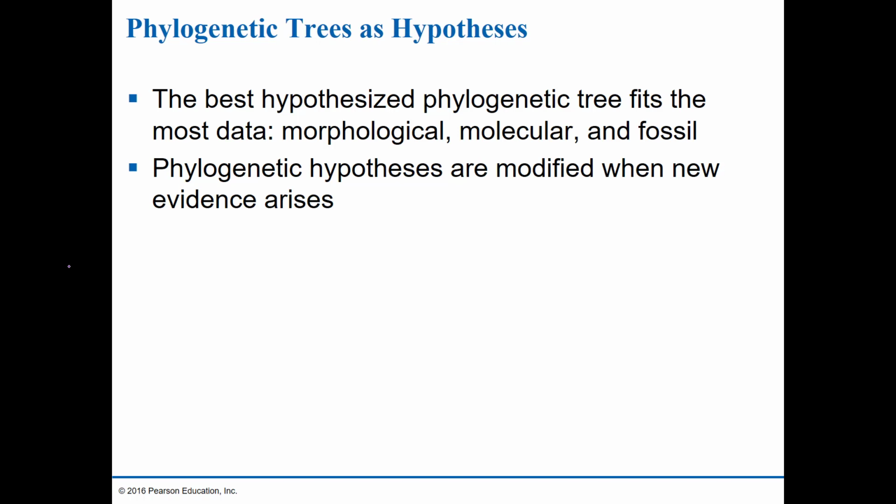Phylogenetic hypotheses are modified when new evidence arises. So it's a hypothesis that can be supported using morphology, molecular information, and fossil records, but they're always changing and evolving, right? So a phylogenetic tree is never set in stone. That's why science never stops. We're always studying, and people are always studying something that someone studied before them.